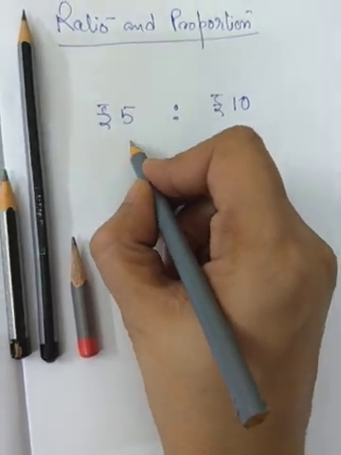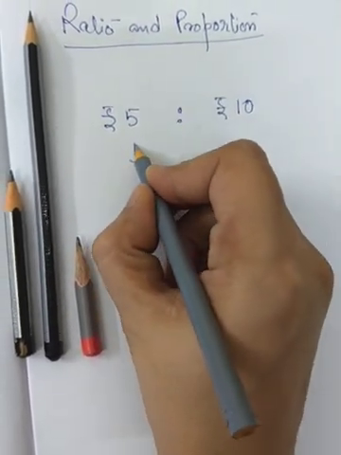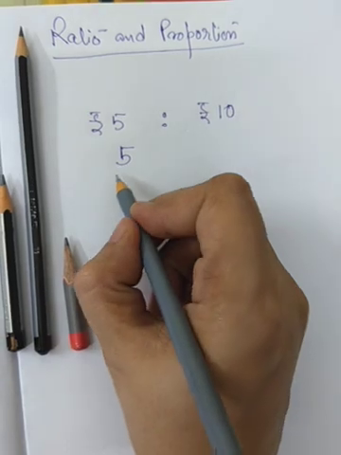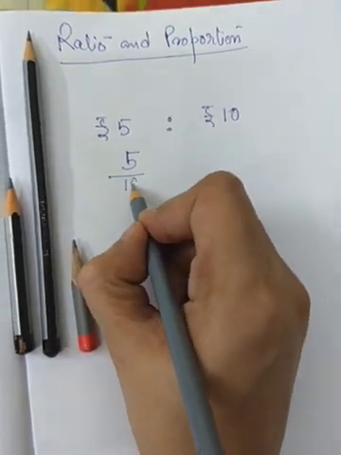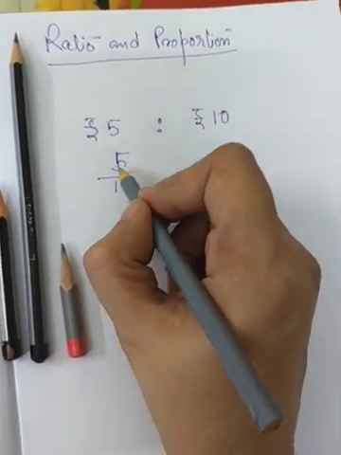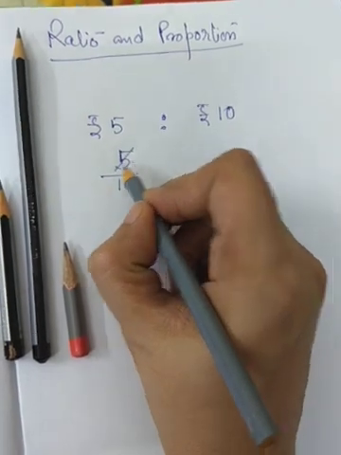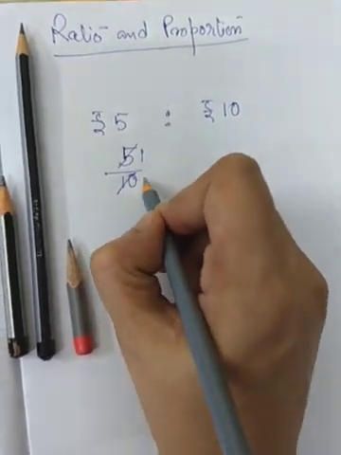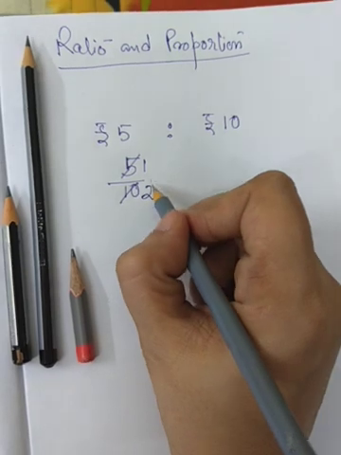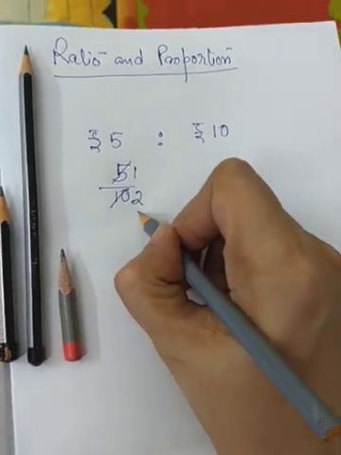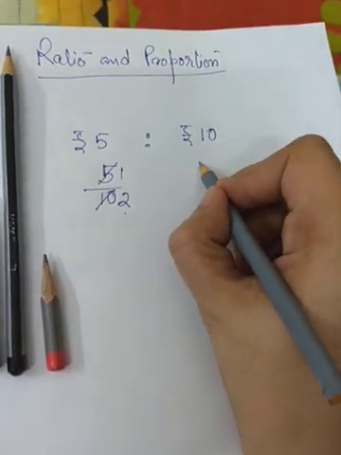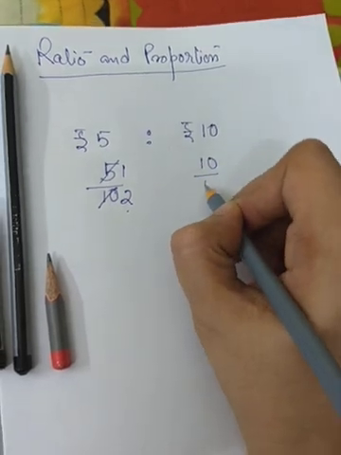Now let us calculate. Means I have 5 rupees out of 10. If we cancel out, it will be 5 ones are 5, 5 twos are 10. So I have half the amount what you have and you have 10 by 5.